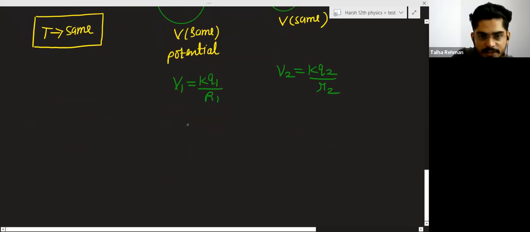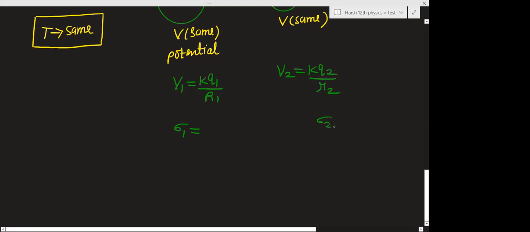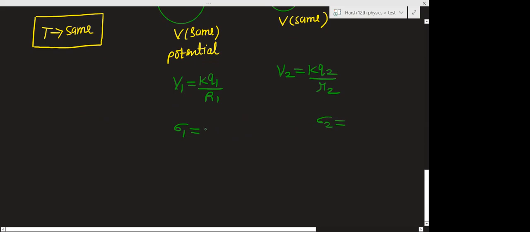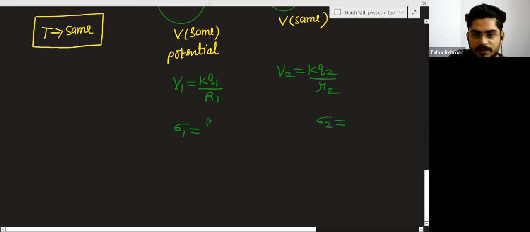Sigma 1 is the surface charge density of this sphere, and sigma 2 is the surface charge density of the other. I have told you that for a sphere we take only surface charge density. Surface charge density is the charge divided by the surface area.